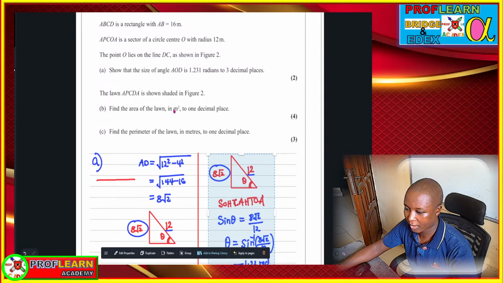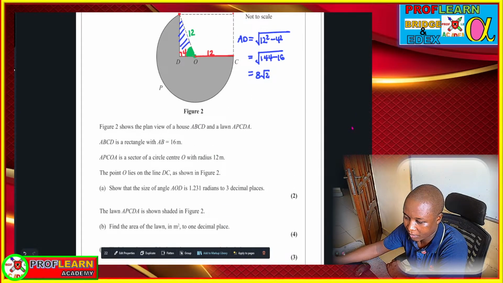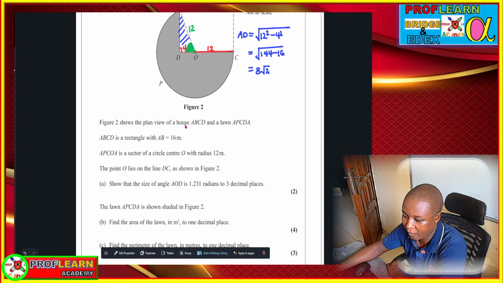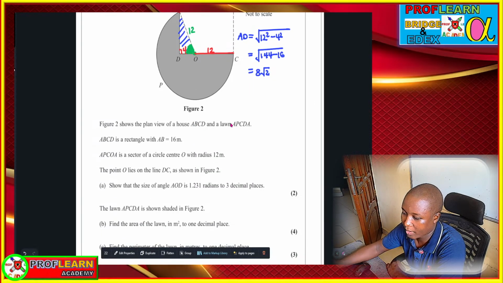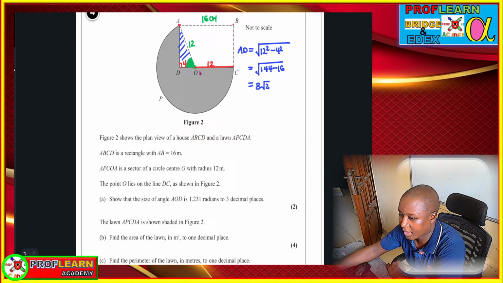The area of the lawn in meters squared, to 1 decimal place. We are supposed to find the area of the lawn, and we are told that the figure shows a plan view of a house. There is a house A, B, C, D, but the lawn is A, P, C, D, A. So the first thing we need to do is to work out the area of the sector.